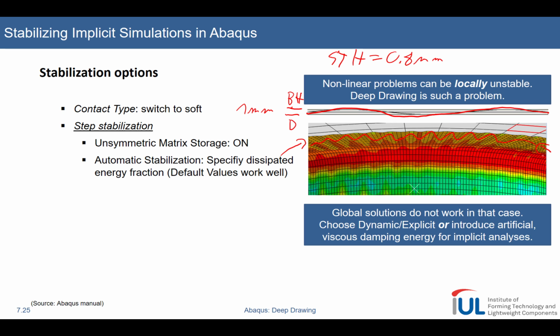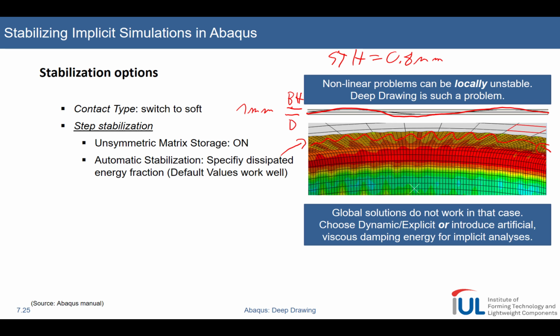If you set up a proper working implicit simulation compared to, let's say, a proper mass scaled explicit simulation, you will still be faster by, I don't know, a factor of 10 to 100, sometimes even more.